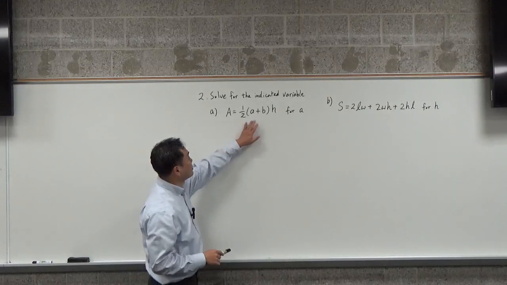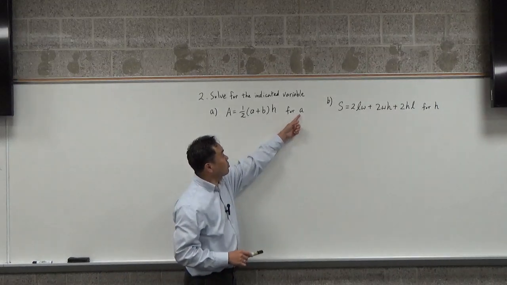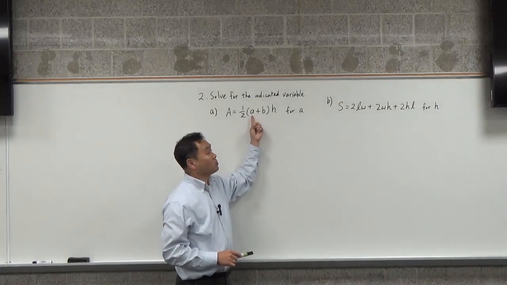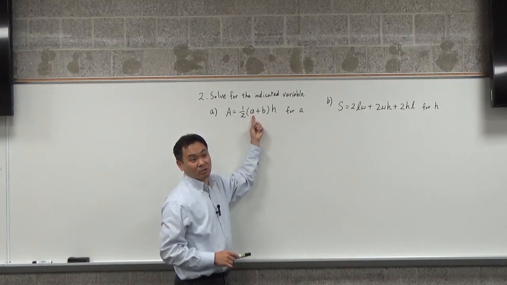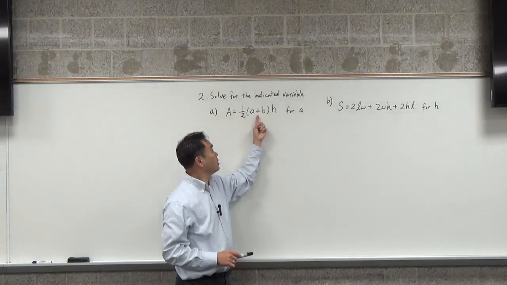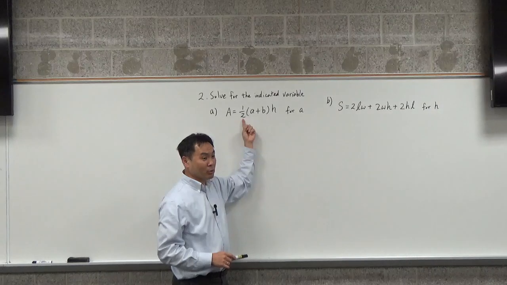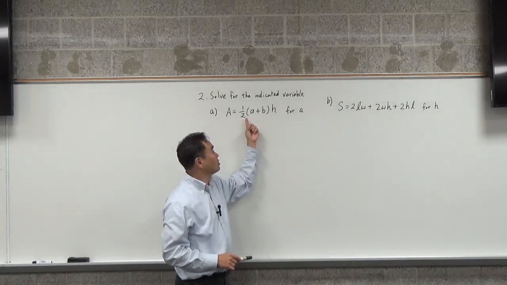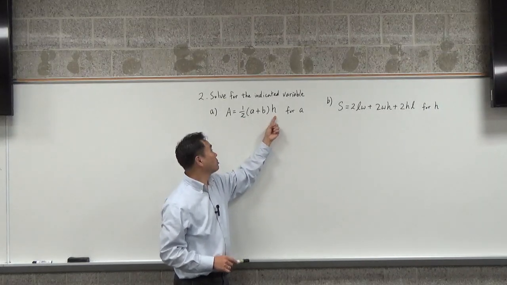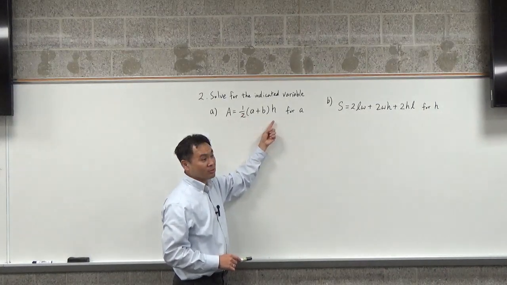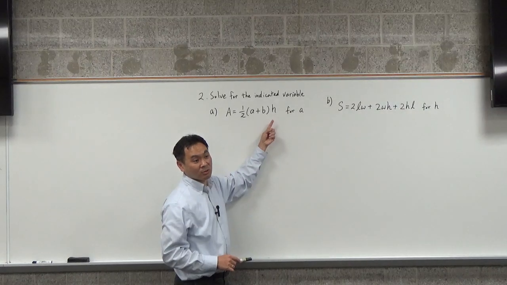So if you look at this, here you're trying to solve for A, therefore you want to see what's being done to A. What's being done to A first? You're adding B, and then multiplying by 1/2, and then multiplying by H to give you this A, right? So if you want to get rid of things on this right side, what must go away first?